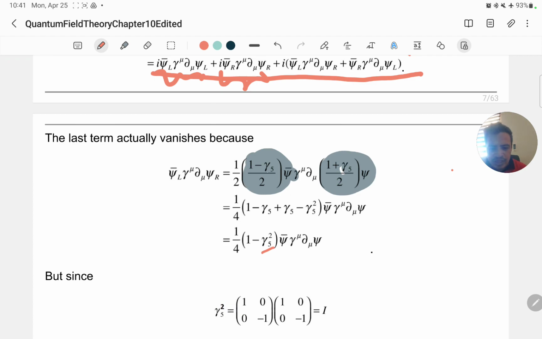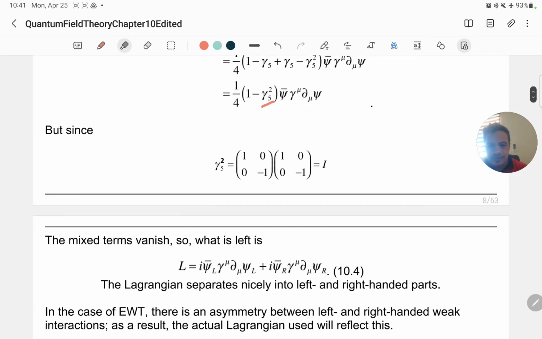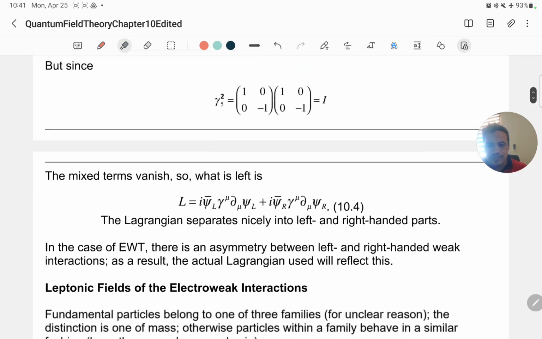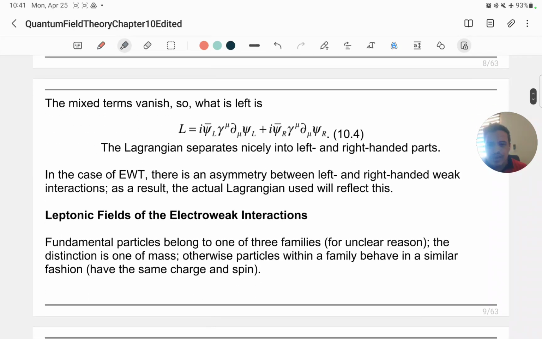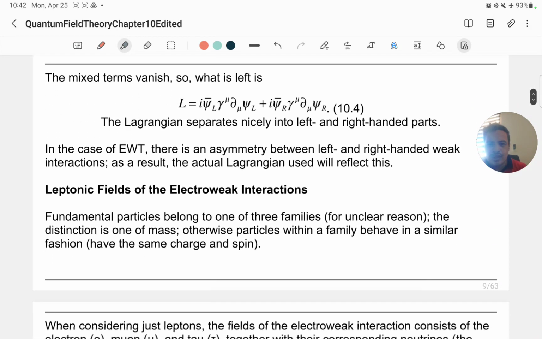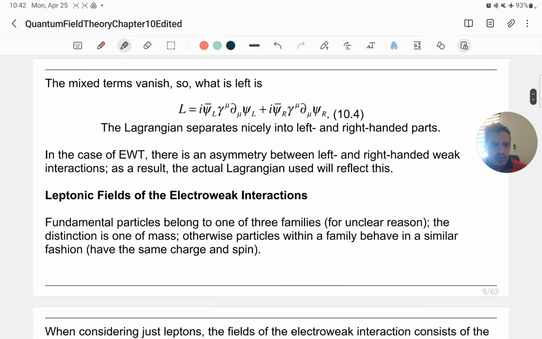So an identity minus identity is equal to 0. So these two terms here are 0, and this one is also 0. So the mixed terms vanish. What is left now is only the first two terms here.